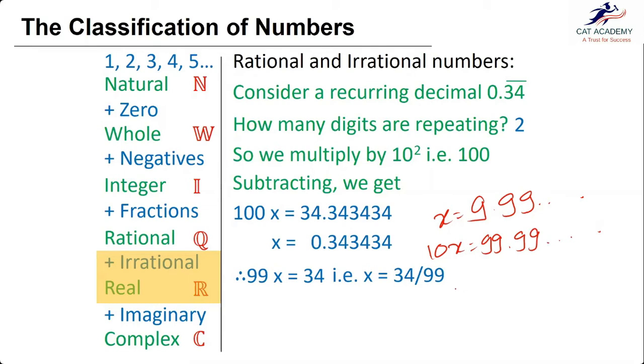If I take a difference, then 9x will become 99 minus 9, that is 90. That's it. So x, okay, here it is coming out to be exactly 10 because it is an approximation. Okay, I'll tell you how it is coming out to be.